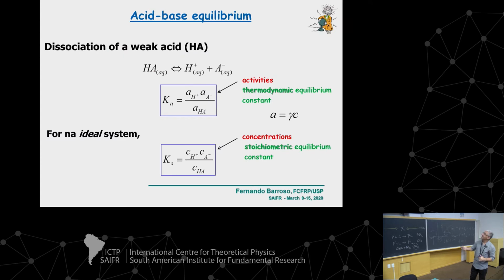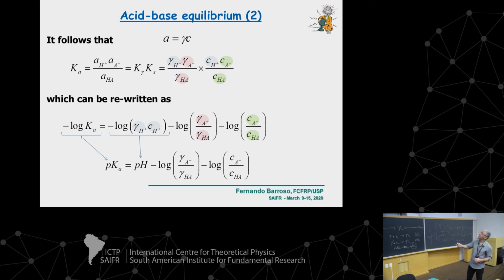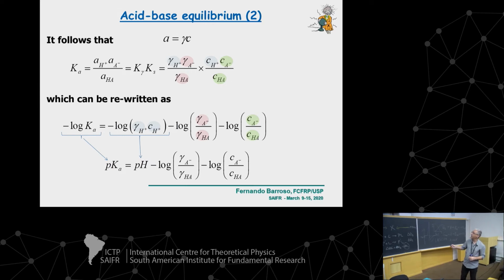The idea started with what we saw in terms of basic physical chemistry. We started with the definition of the equilibrium constants. That's the same slide. And manipulating these equations, you can see that we can rewrite things in a way that I can define the pKa, pH, the log of the prefactors, your activity coefficient, the concentration.